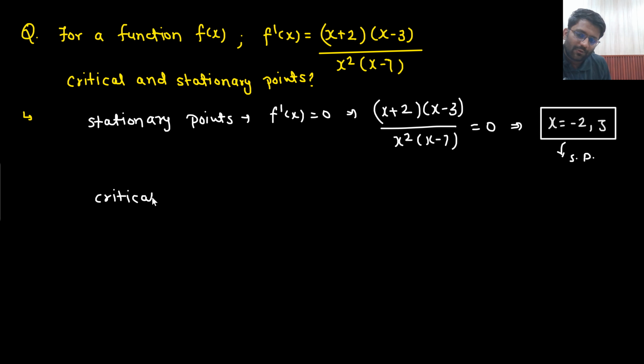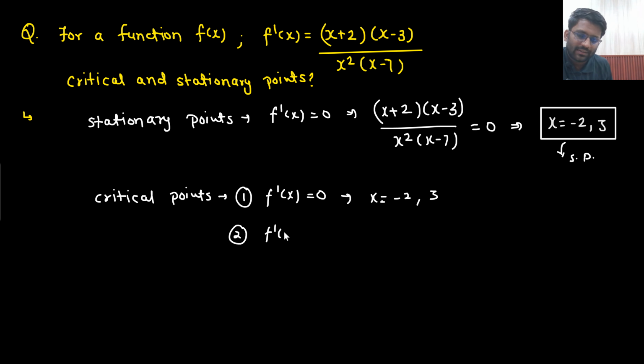For critical points, sir, two conditions are there. First condition is when your f dash x becomes 0, so those points are minus 2, 3. And the second condition is when f dash x is undefined.